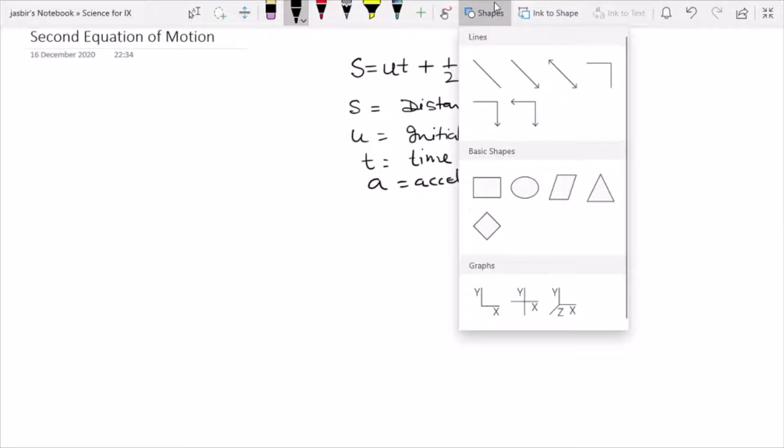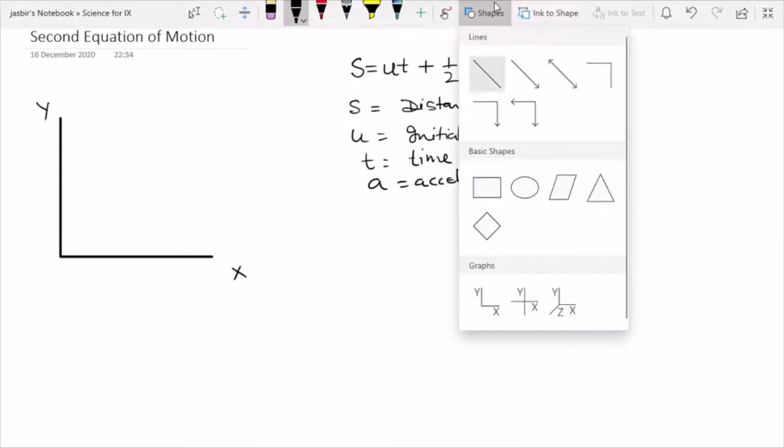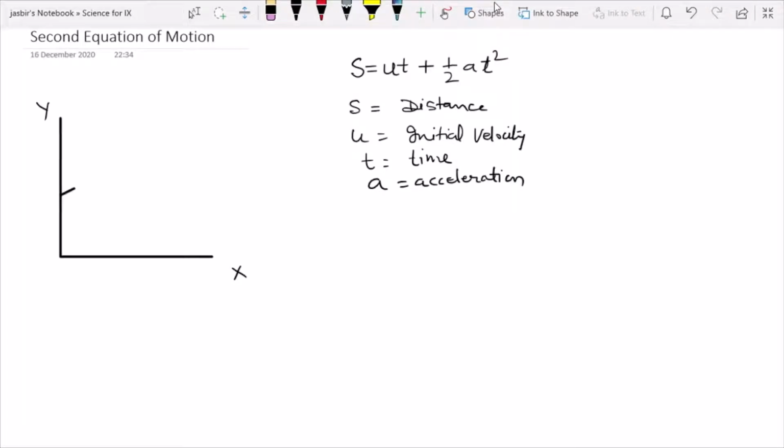Let us consider the velocity time graph of motion of an object. So here we have the velocity time graph of motion of an object.